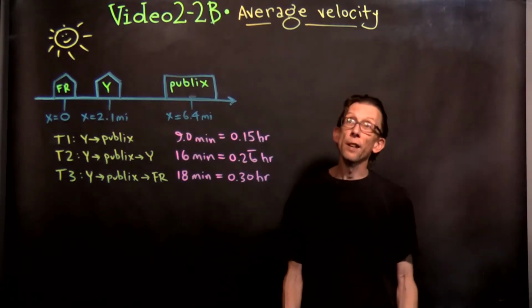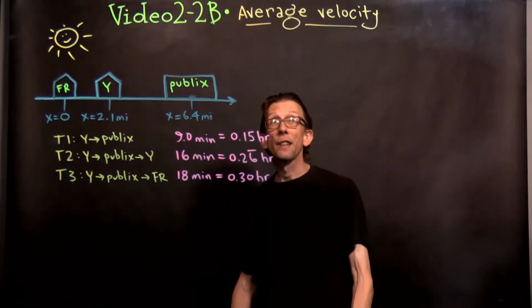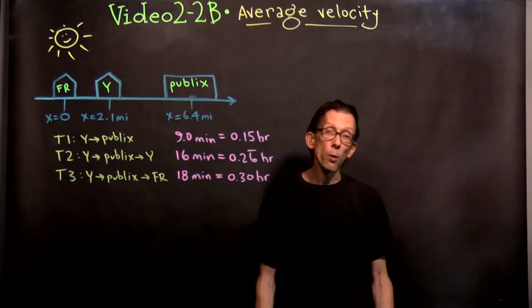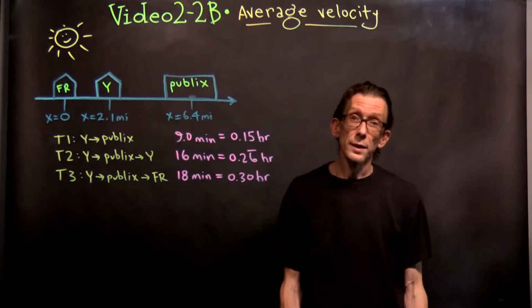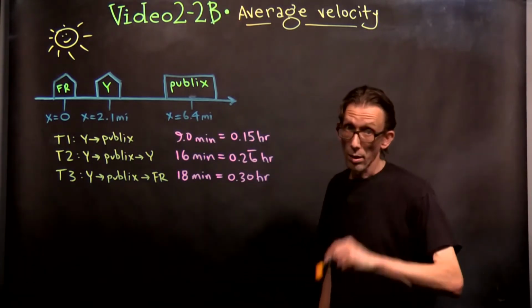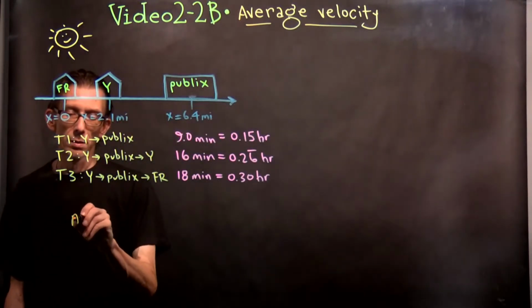We've already calculated the average speed for each of these three trips. Now we're going to calculate the average velocity. But, as before, we have to define average velocity before we can do that. So, get ready. Here it is.